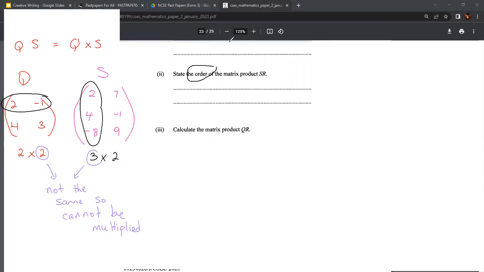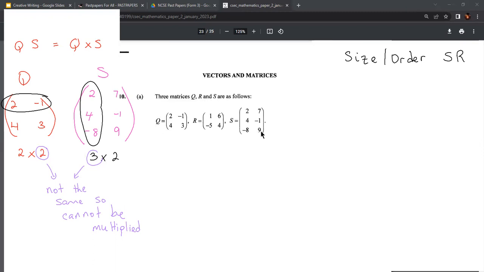So basically, they want the size or the order of the product of SR. So when you multiply S times R, they want to know what is the matrix size or the order.